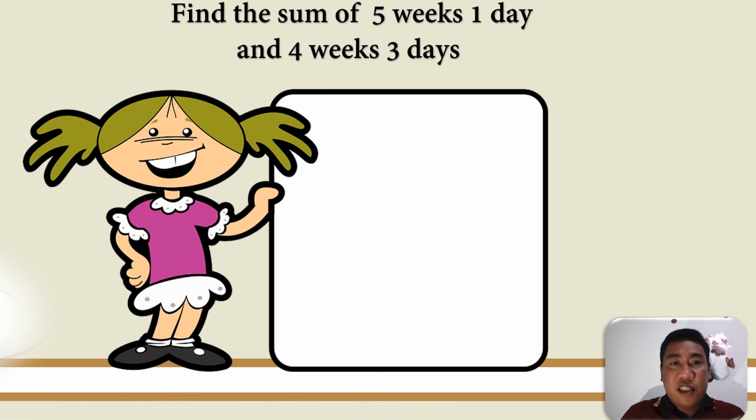For our next example, we have find the sum of 5 weeks, 1 day, and 4 weeks, 3 days. For our solution, let's write again the two units, week and day. Then let's write 5 weeks, 1 day.